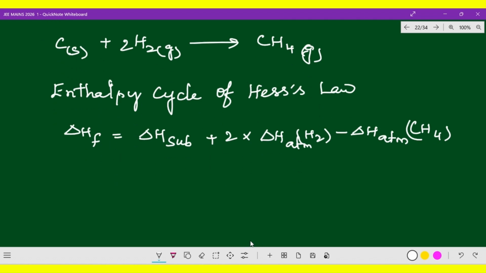Okay, can we apply these values now? So here delta H formation, XYZ they have given.